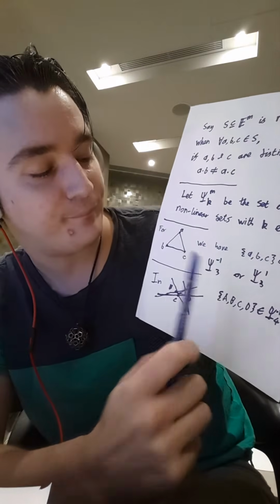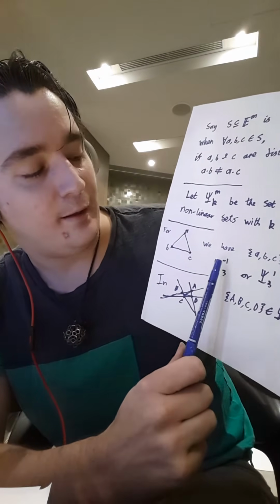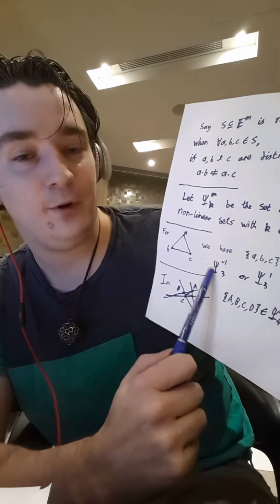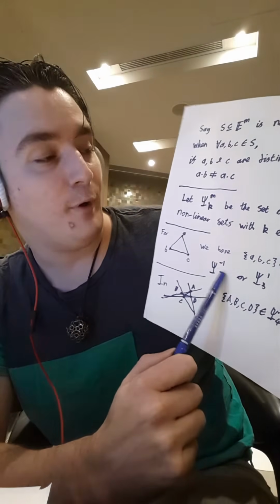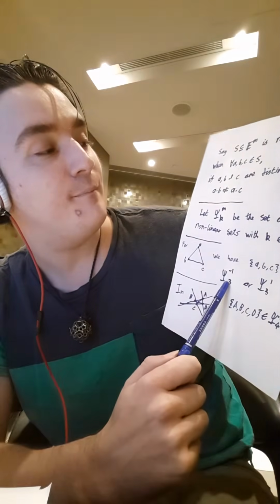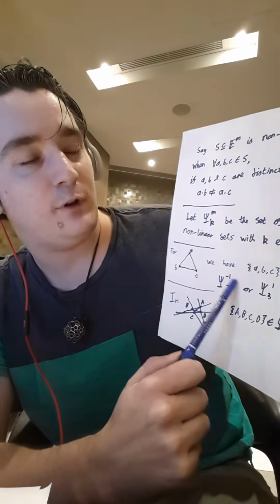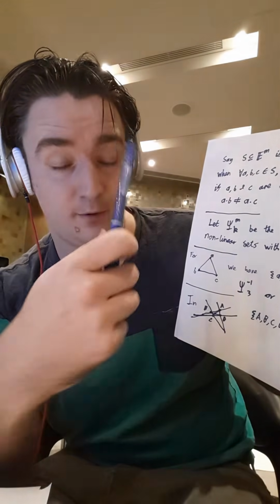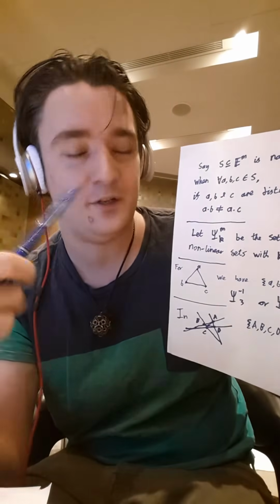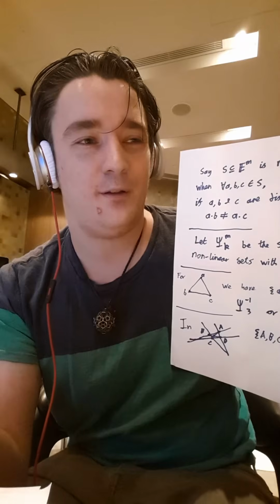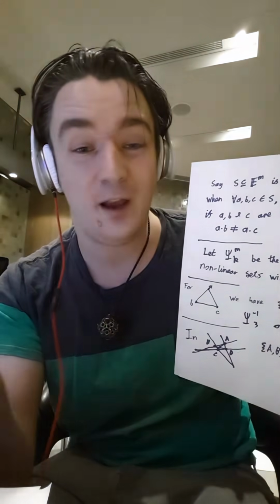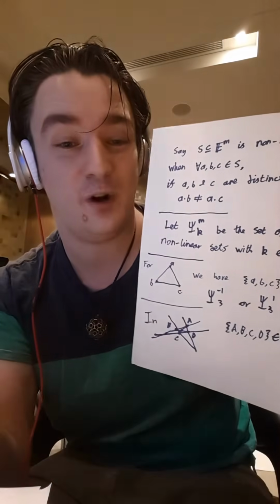Say M equals -1, say we're talking about points, well, we're saying the set of all collections of size 3 nonlinear sets, and a size 3 nonlinear set is just a triangle, right?